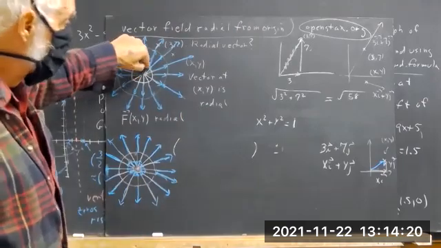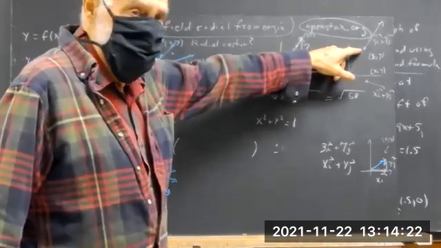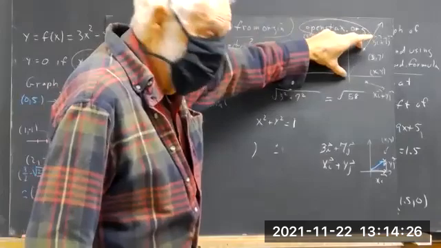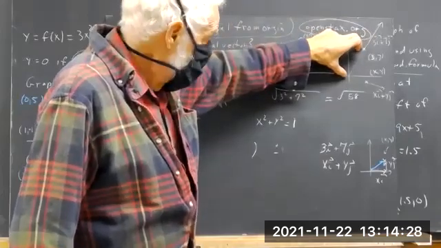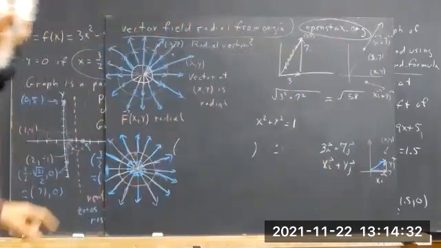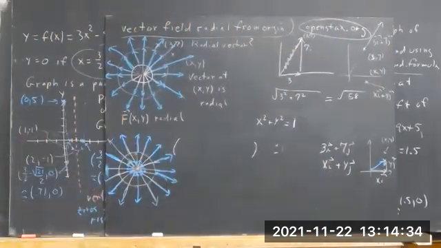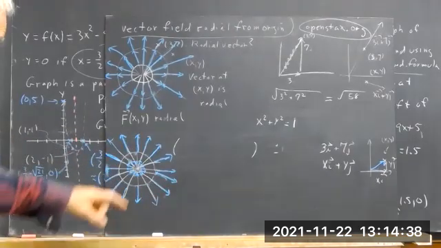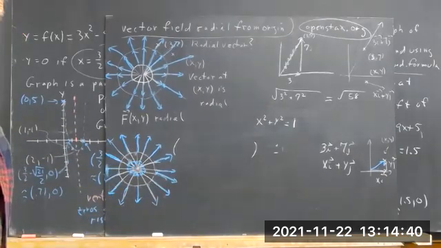You want the tail of the vector to be at the point. So it's got to be like this. You can draw this vector from the origin, at least in your head, but then you want to put it out. Now if you do that, everything looks like this. You've got radial lines, and the vectors are all in the direction from the origin to the point.